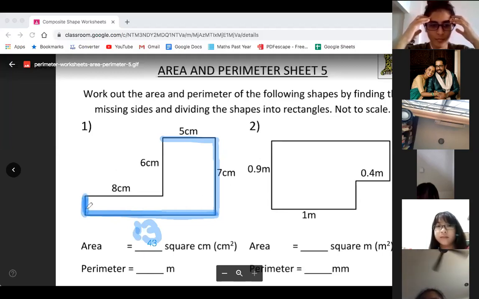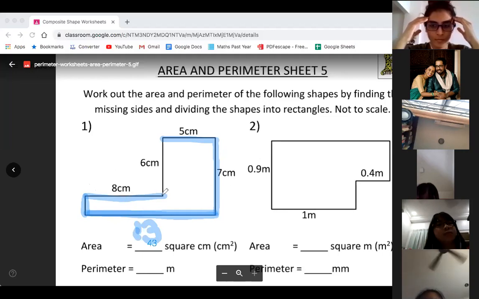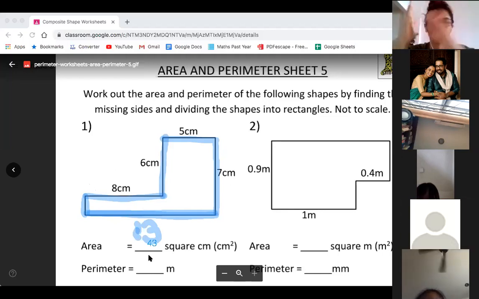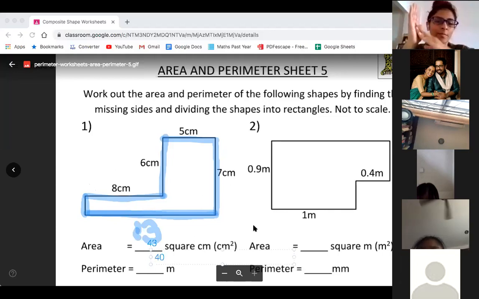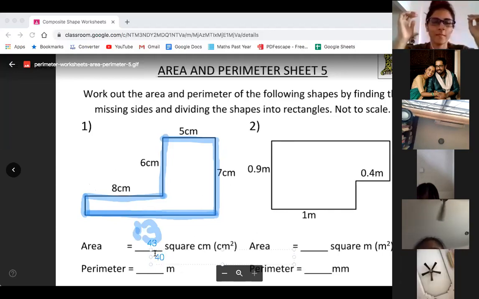This one how much? 1 plus 1 plus 1. 26. 26 plus 8? 34. 34 plus 6? 40. So what's your answer? 40 cm. Okay? Done. That's your first question.